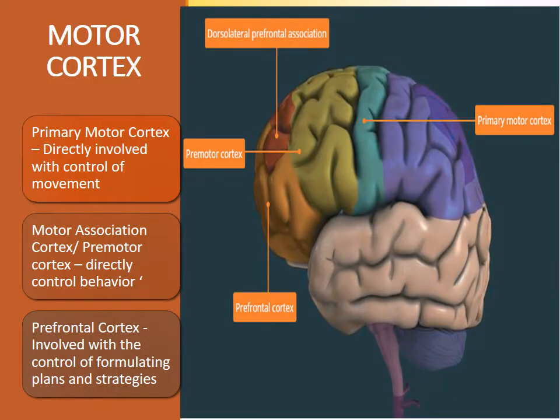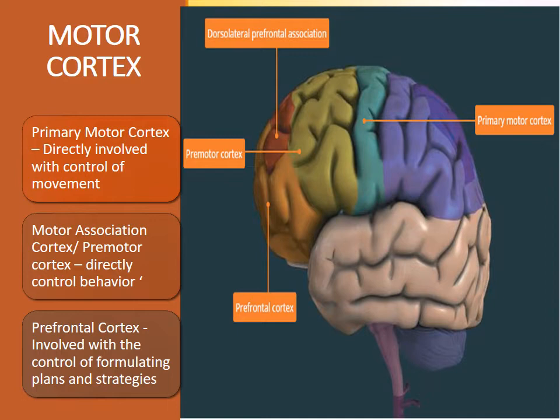Now, we already discussed the sensory cortex and its different functions. Now I will look at another cortex, called the motor cortex. The motor cortex is divided into three sections: primary motor cortex, motor association cortex, and prefrontal cortex.